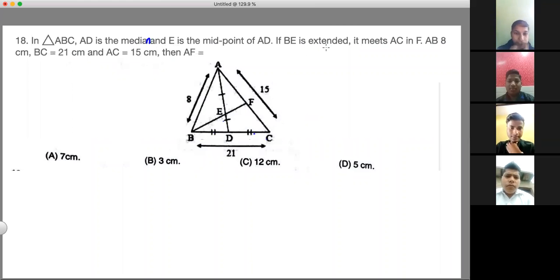If BE is extended, it meets AC in F. AB is 8 centimeters, BC is 21 centimeters, and AC is 15 centimeters. Find AF. Find this length.